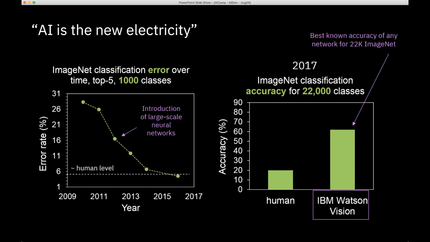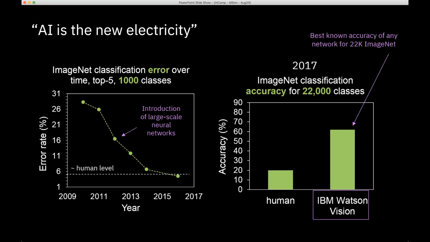Clearly, an inflection point was the introduction of large-scale neural networks. Nowadays, modern neural network architectures achieve, or in some cases even outperform, human performance on such tasks.